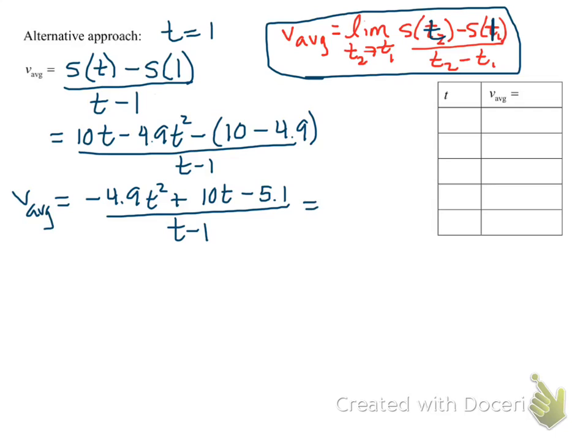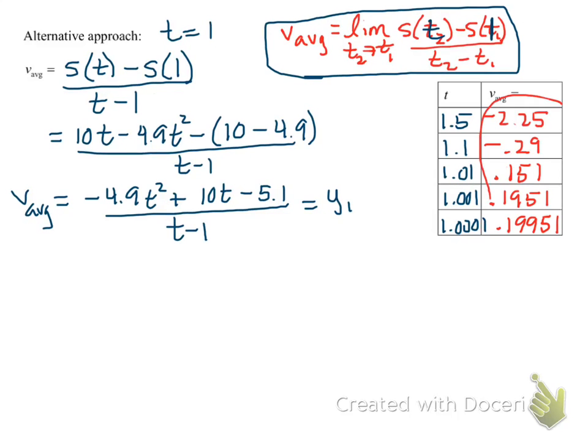And if we plug that into our y1 of our graphing calculator and ask it to create a table of values, I'm just going to put in a few values. I'm going to look at t as 1.5. Remember, we're getting closer and closer to 1, so I'm going to approach 1 from the right here and look at values that are closer and closer to 1, like these, and the y values that correspond look like this.